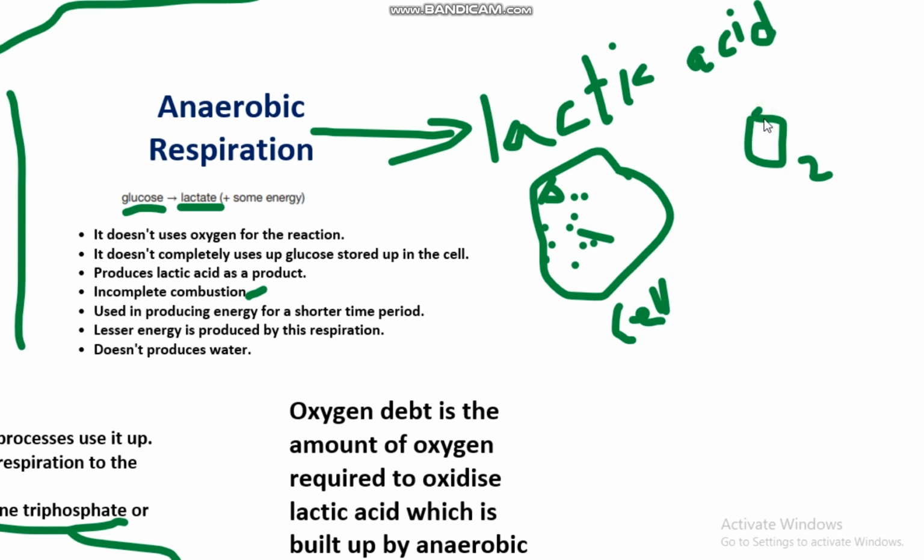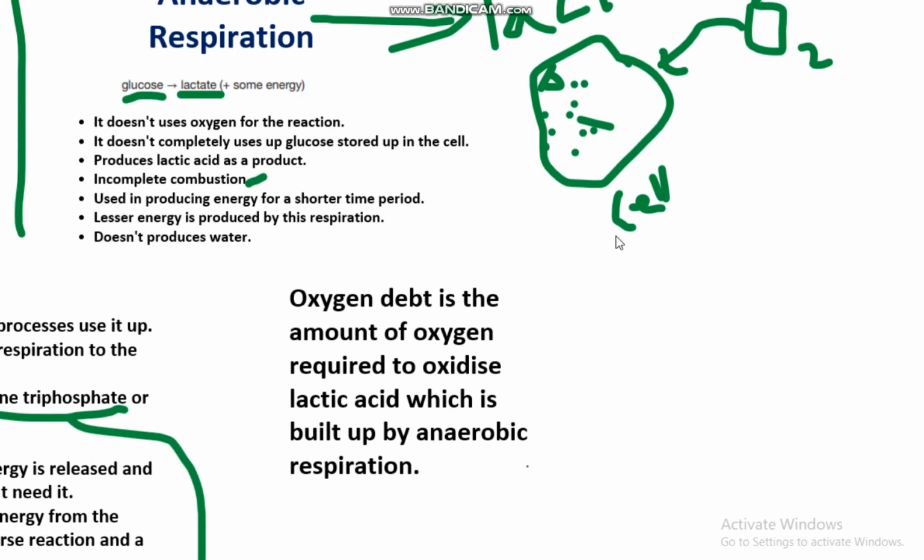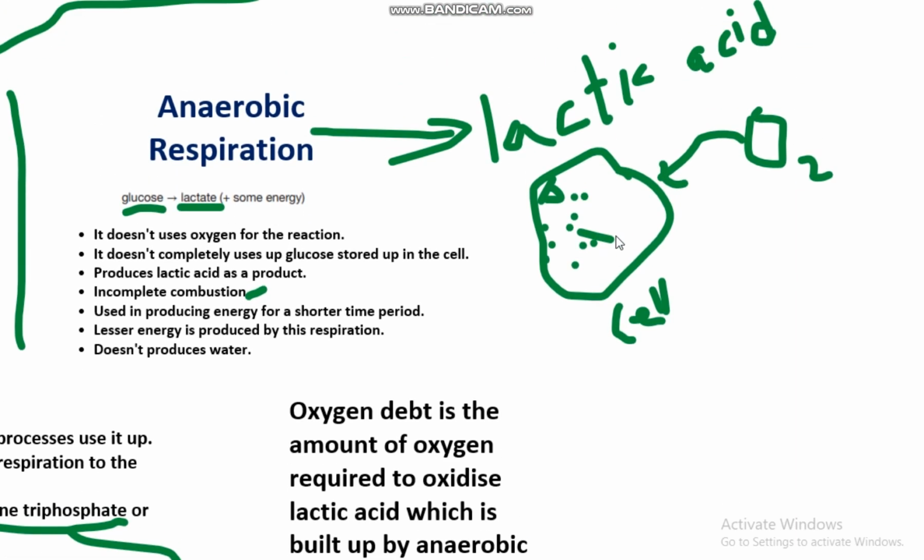the environment, and then we inhale oxygen, and then oxygen comes into our body, and then this oxygen is taken up by the cell. Now the oxygen is taken up by the cell, and then this oxygen is used to oxidize lactic acid.